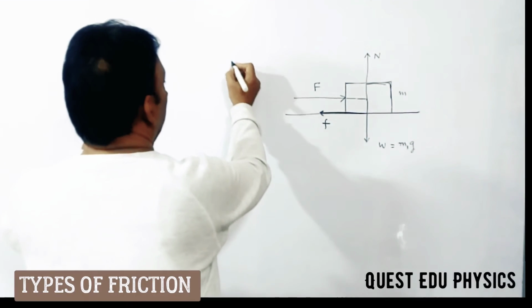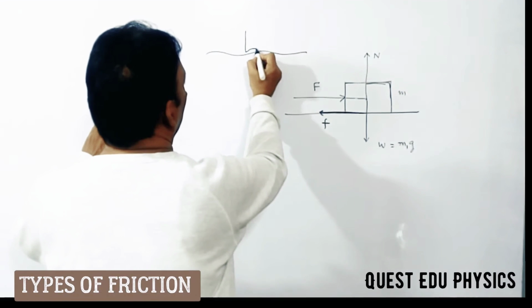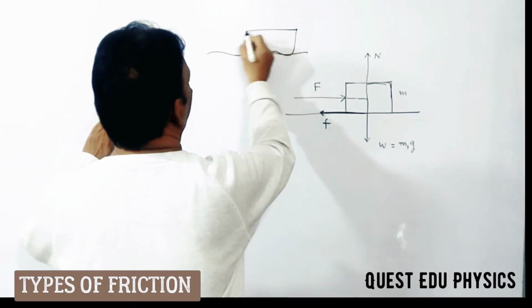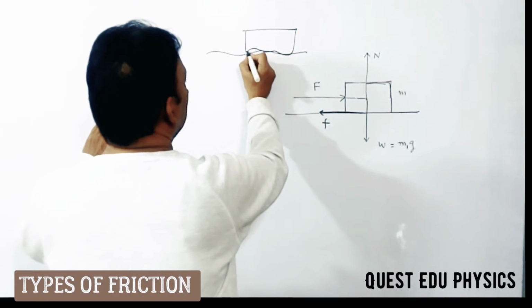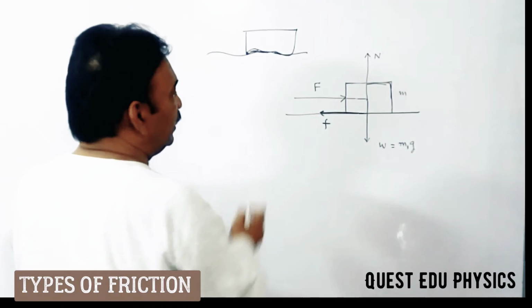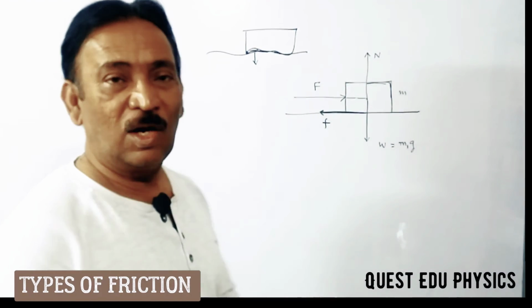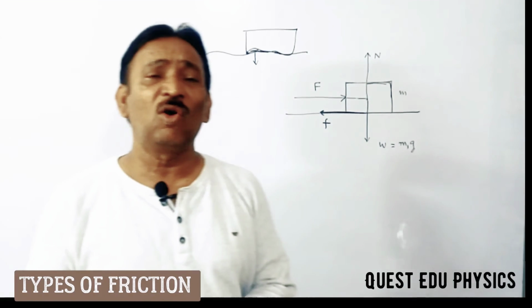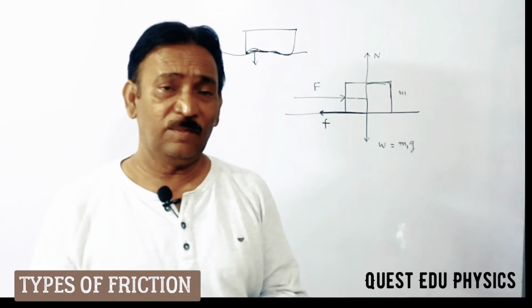Let's say this is one surface, it is irregular. I kept one more, it also has irregularity. When I kept it over, these surfaces get interlocked with each other. This interlocking is the cause of friction. The cause of friction is the interlocking of the surfaces due to their irregularities.